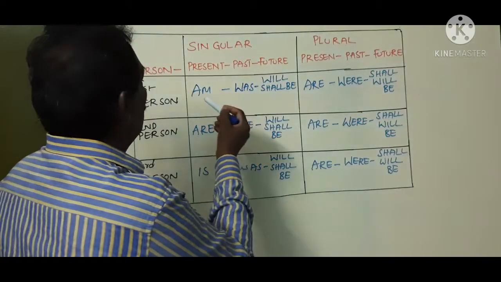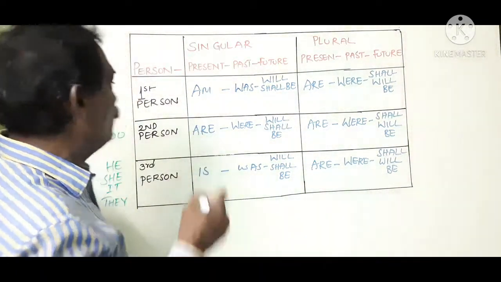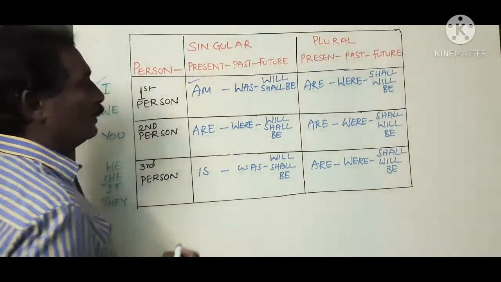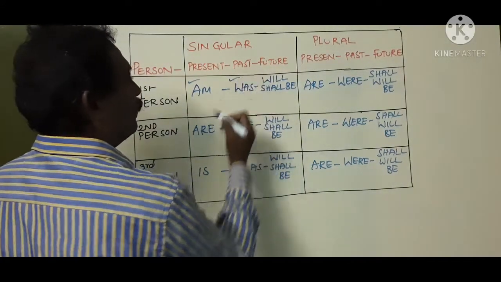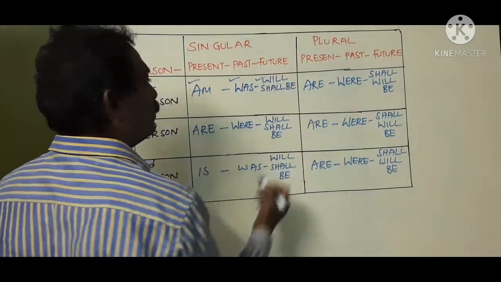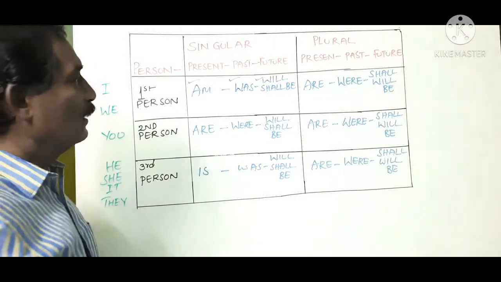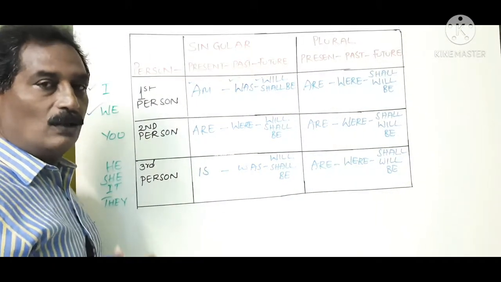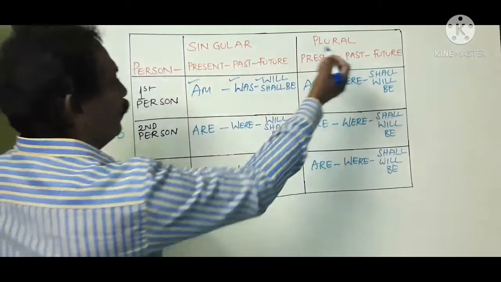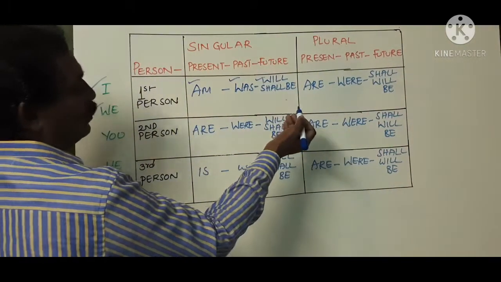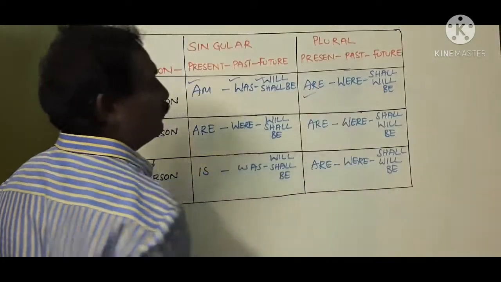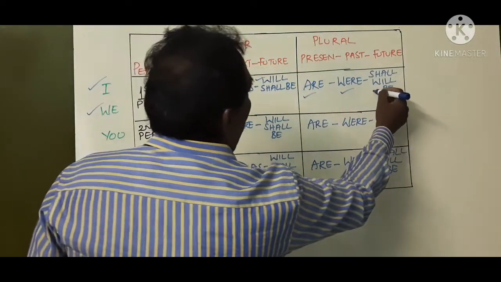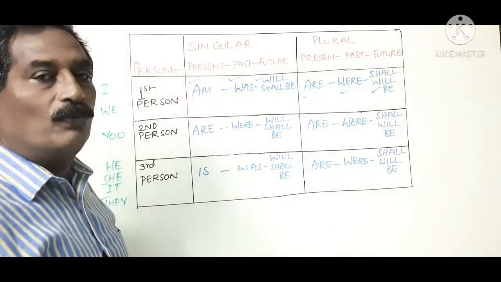Let us see. For first person I, we use am for present, was for past tense, future will or shall be. Suppose we use we, first person plural. The be form for first person plural is are for present, were for past tense, and future shall or will be.